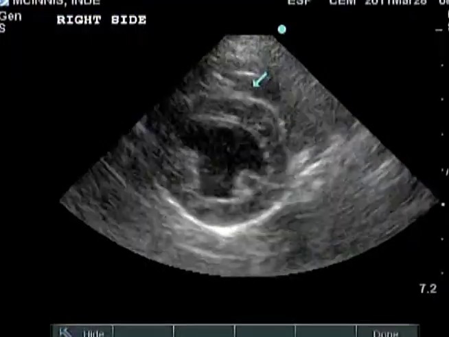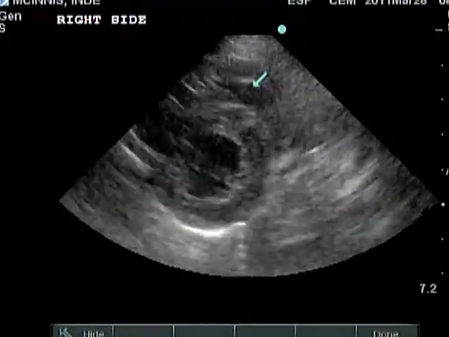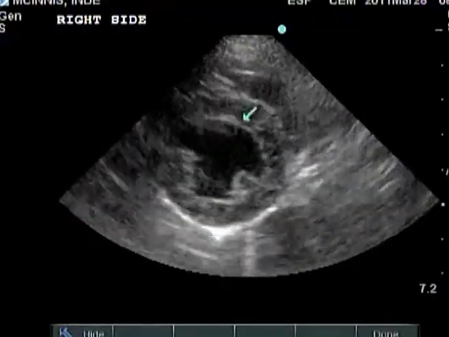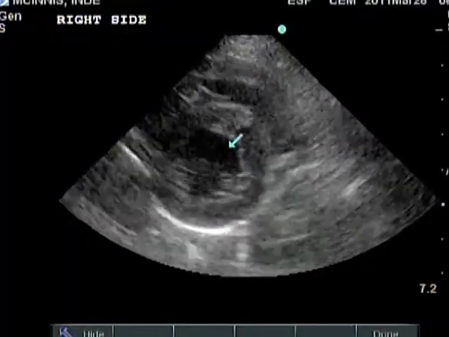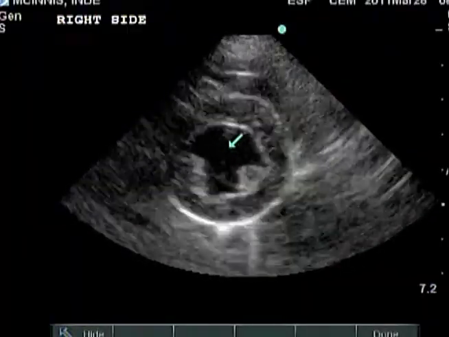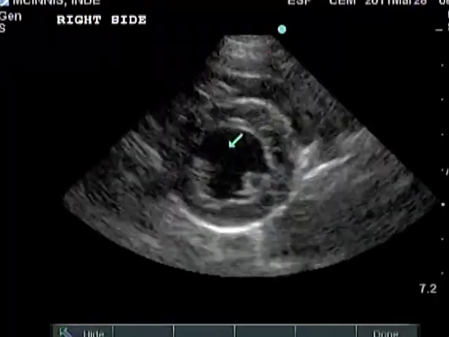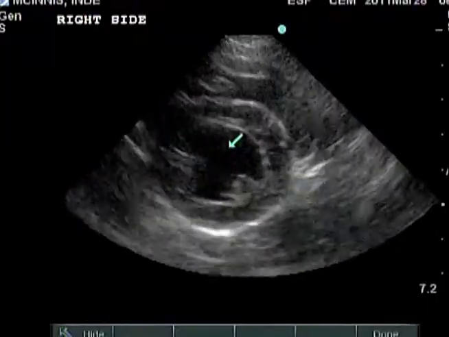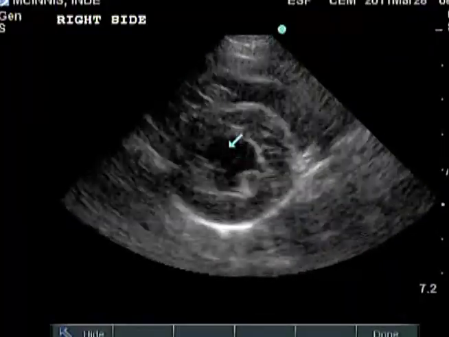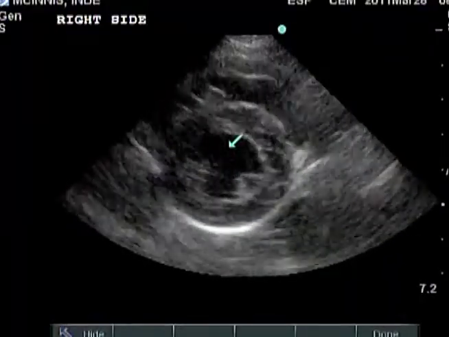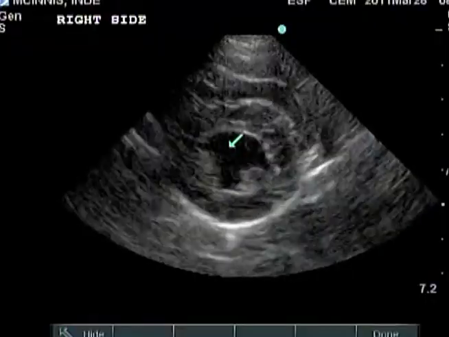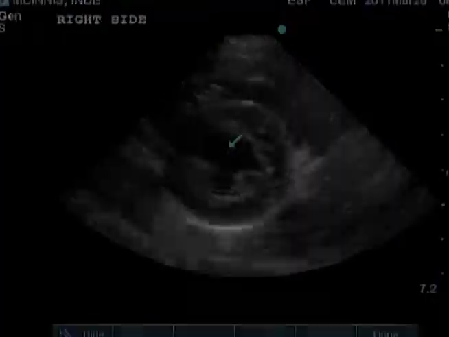Use the TGC toggle in the area of the right ventricle or the near field to reduce gain and artifact. Then use the TGC toggle in the area of the left ventricle or far field to reduce gain and artifact in that area. This gives you a better cardiac image.